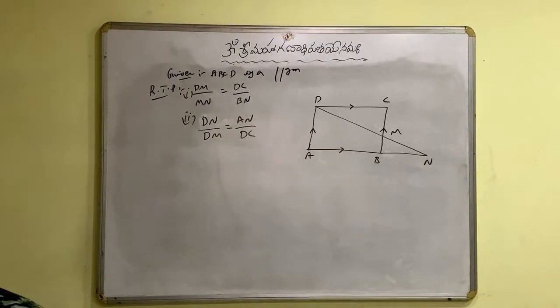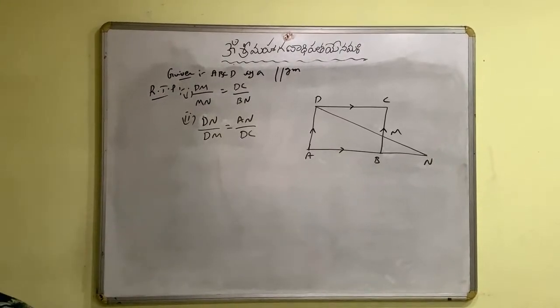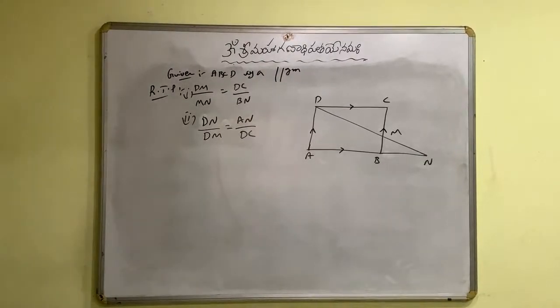Okay. And denominators MN and BN, they are the parts of triangle BMN. Okay.